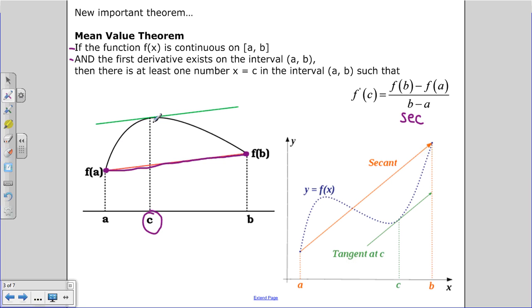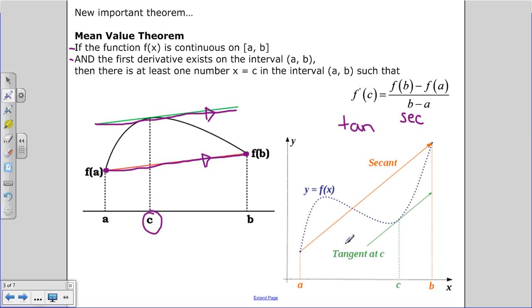At c, this is what your tangent line would look like. And you can see that the slope of that tangent line is the same thing as the slope of our secant line. So these two lines are parallel. This is the place where slope of your tangent line equals the slope of your secant line.